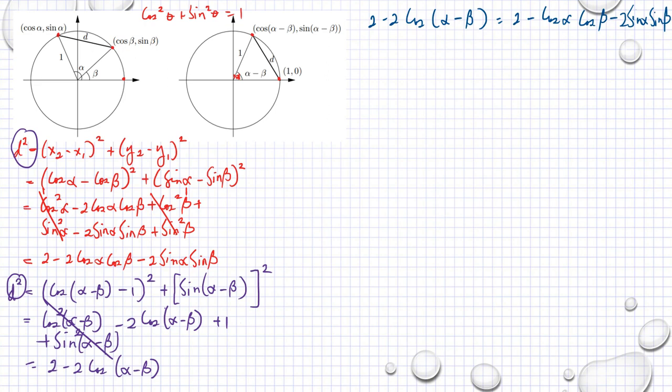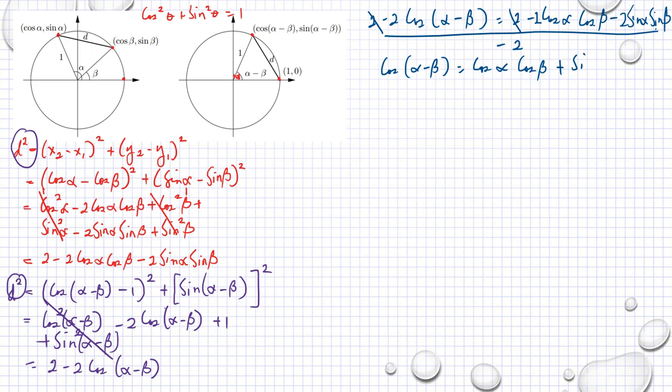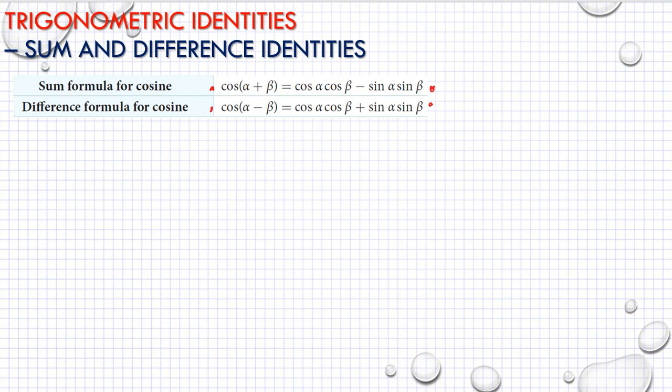The 2s cancel, leaving 0. If I divide all by negative 2, I have cosine of alpha minus beta is equal to cosine alpha cosine beta plus sine alpha sine beta. Okay, we have found one of them.